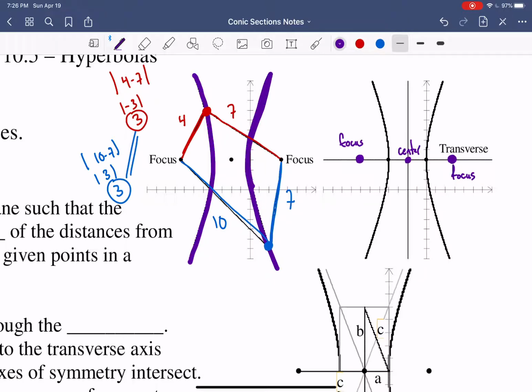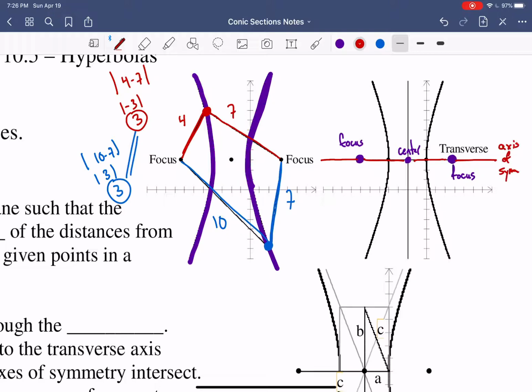All right, and kind of like how we had the major and minor axis in the ellipse, we have two axes of symmetry in the hyperbola. Our first axis of symmetry, we're going to call it the transverse axis of symmetry.